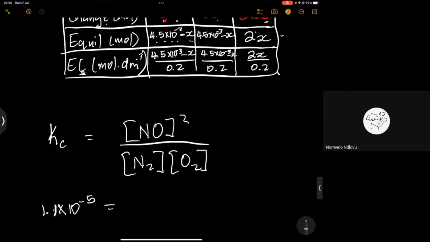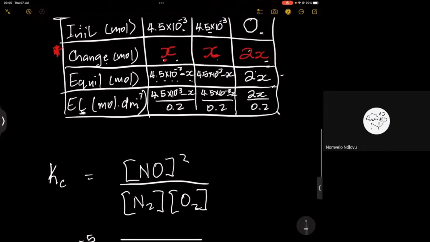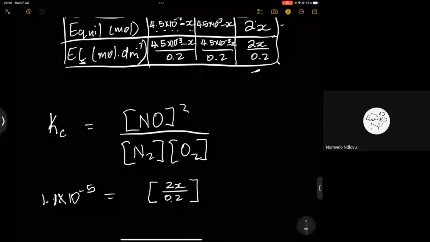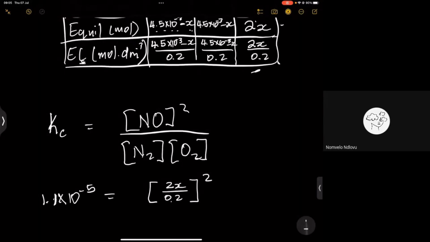Okay. NO squared, the value at equilibrium, this is the value. So this is going to be 2x over 0.2. Okay, but remember this is squared. Sorry. And I'm making a mistake here. Please remember, when you are substituting, you no longer use square brackets, you use round brackets. Né?